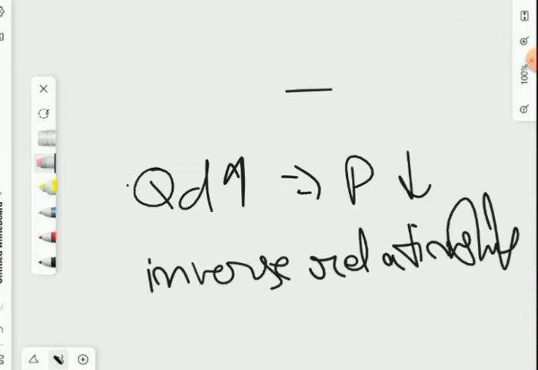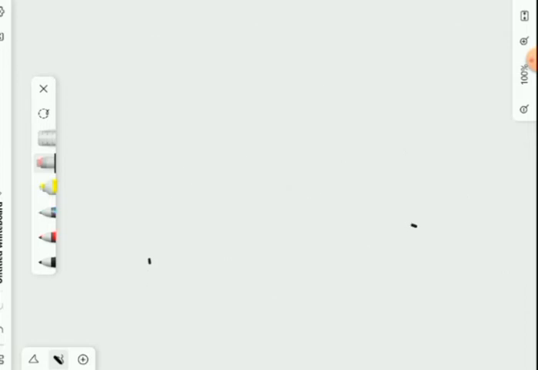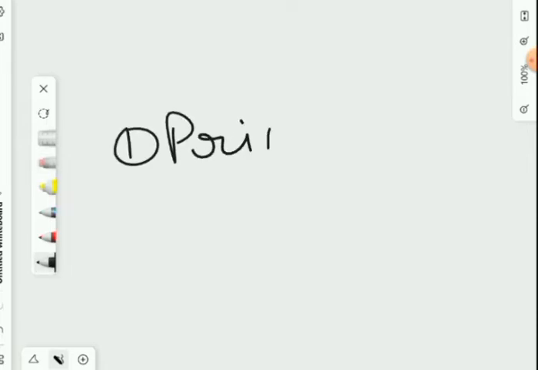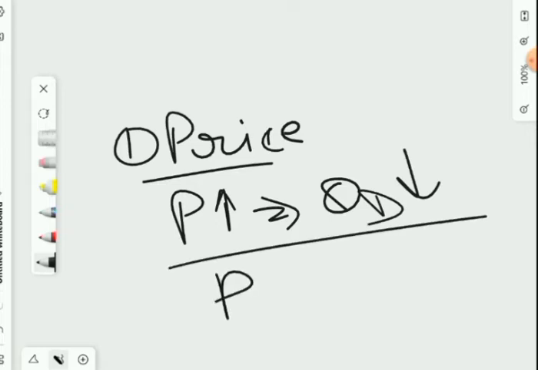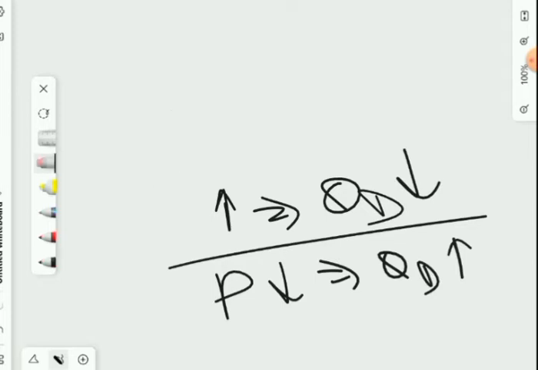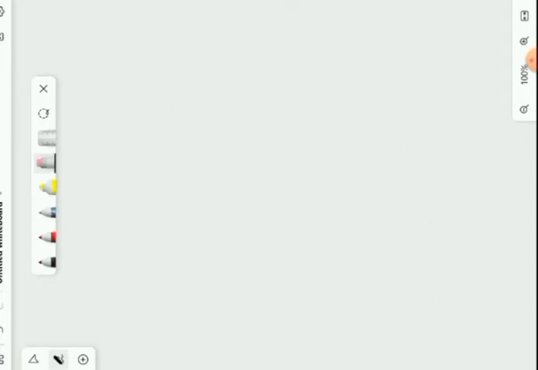Now there are certain determinants that affect the demand in the economy. For example, the first is price of the commodity. With increase in price, the demand of the commodity will decrease, and with decrease in price, quantity demanded will increase. Our second determinant is income of a person.